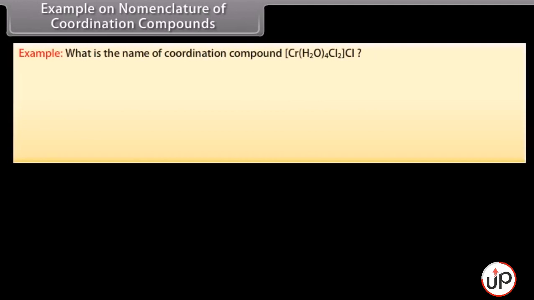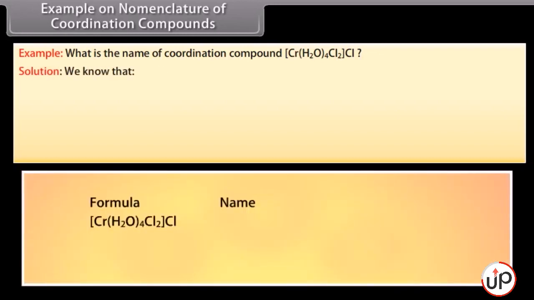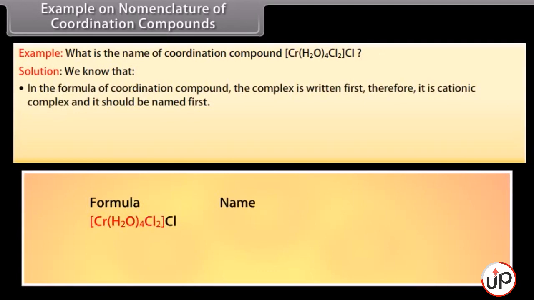Example on nomenclature of coordination compounds. Let's take an example. What is the name of coordination compound [Cr(H2O)4Cl2]Cl? Let's see the solution. In the formula of coordination compound, the complex is written first, therefore it is a cationic complex and it should be named first.